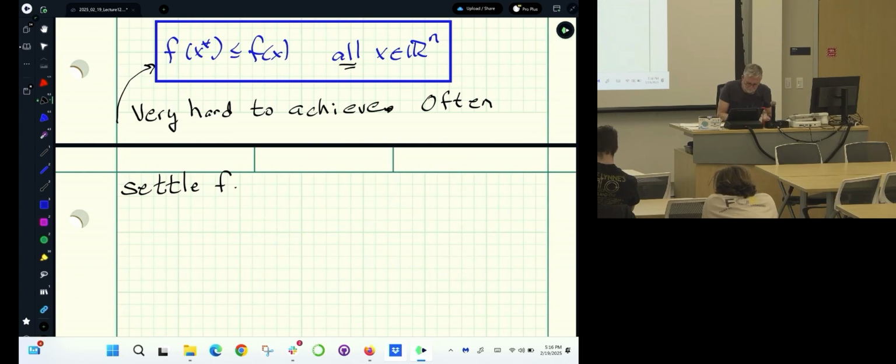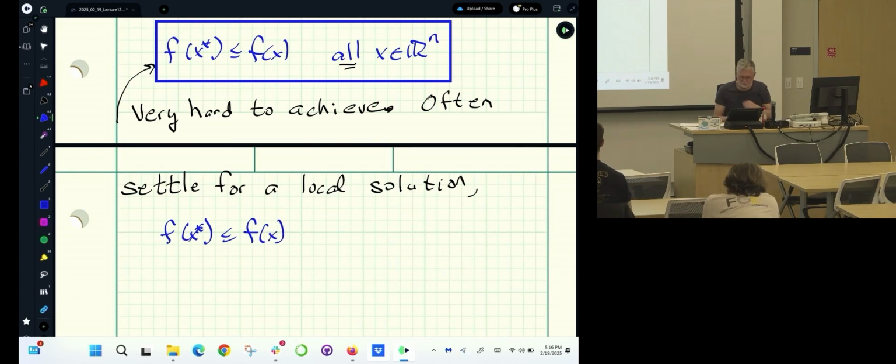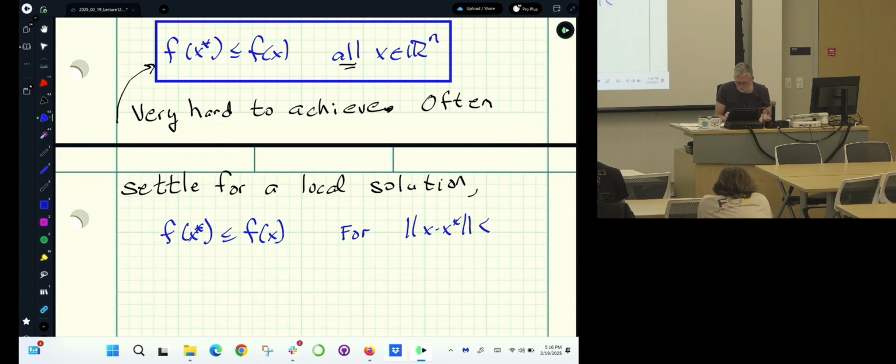And what that means is we find an x star such that f of x star is less than or equal to f of x when x is close to x star.